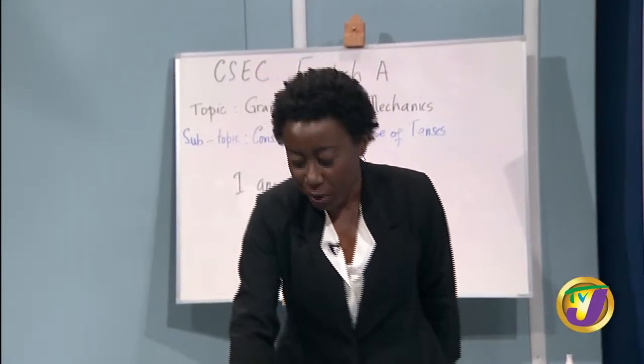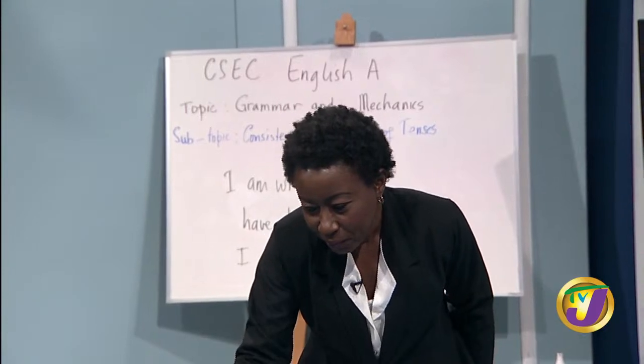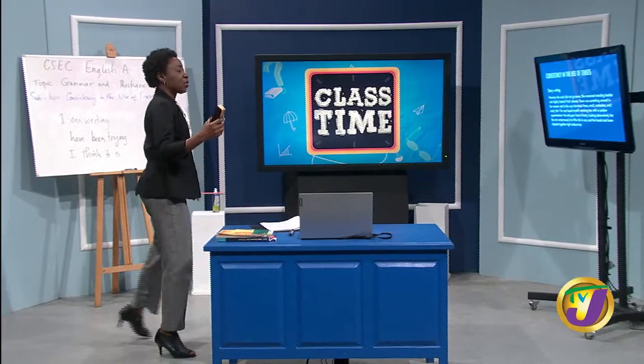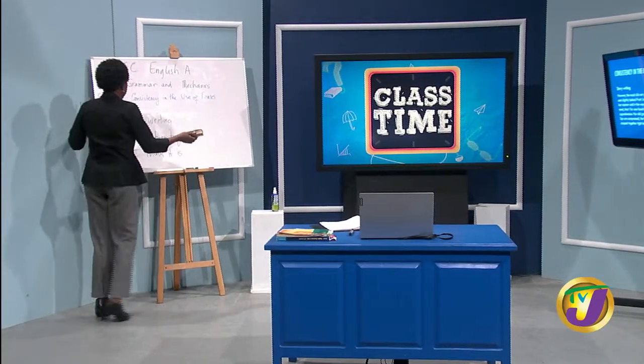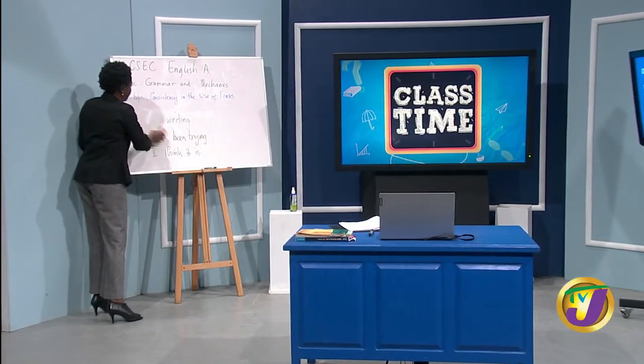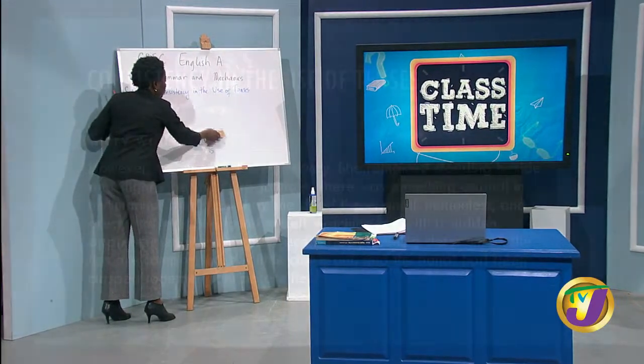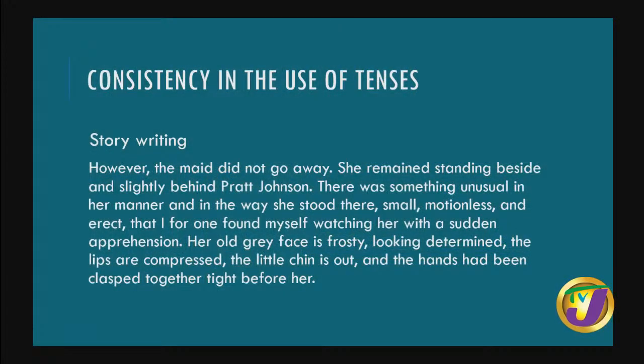Let us go to the next one. Now we sometimes are writing stories for our assignments. So let us see if we can see what is shifting in this story.